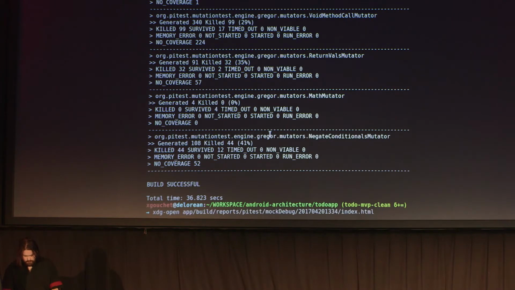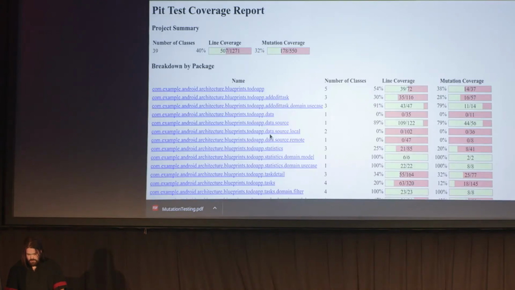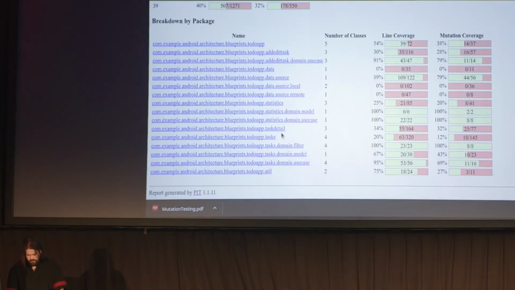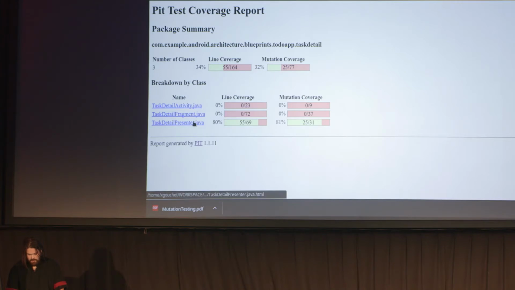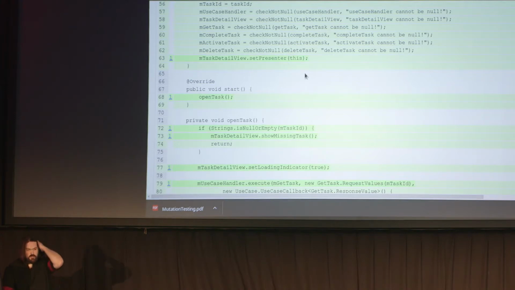So if we look at the new code coverage and we use the same class, we see that now the same line has been caught. The mutation on this line has been caught by our tests. So let's go back.